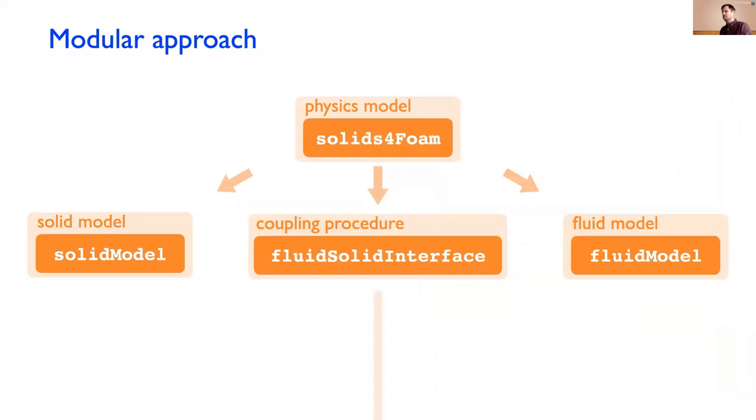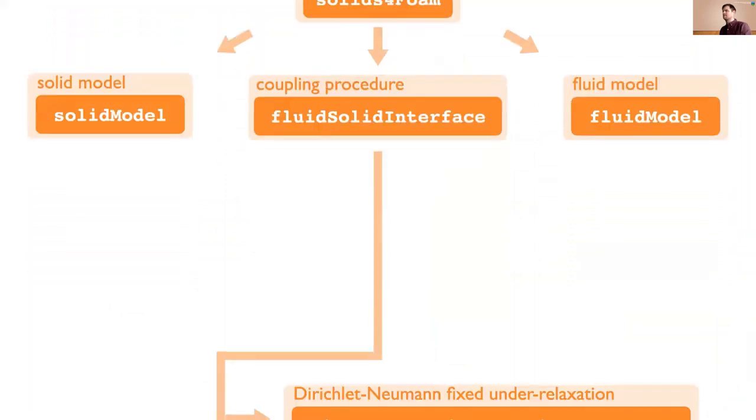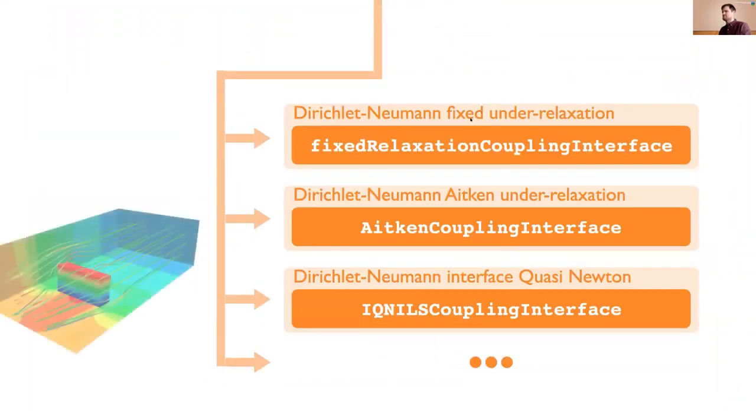And then we have the coupling procedure, the fluid-solid interface, as we call it. We have a couple of different methods implemented. IQN-ILS stands for interface quasi-Newton with inverse least squares. This is probably the state-of-the-art method in the literature, from talking to the original author of it, and also to the people behind preCICE, which is a coupling toolbox.